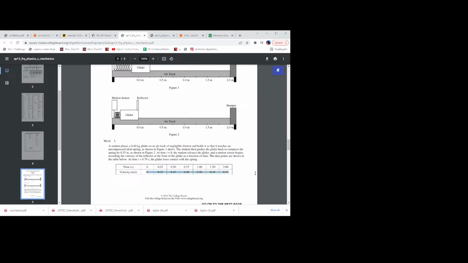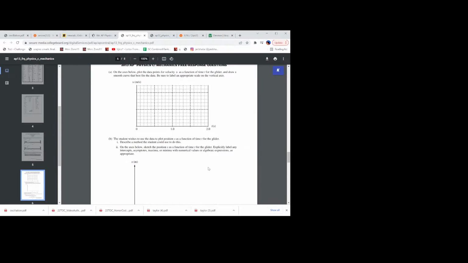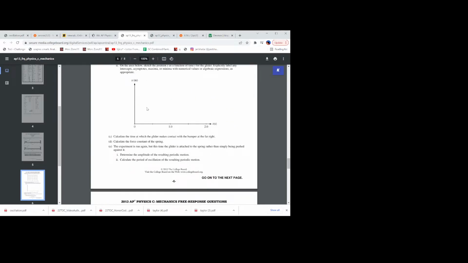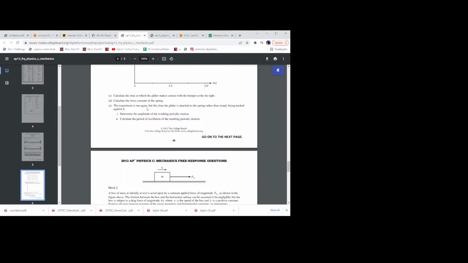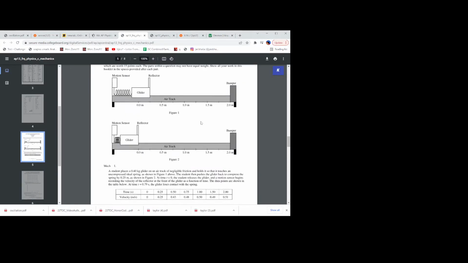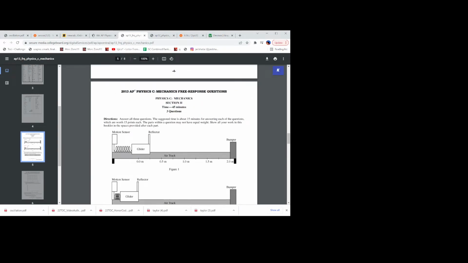Oh, that looks so much like not oscillation, actually. Oh, okay, we have like the bare minimum of what qualifies for an oscillation question going on here. The bare bones of what qualifies for an oscillation.